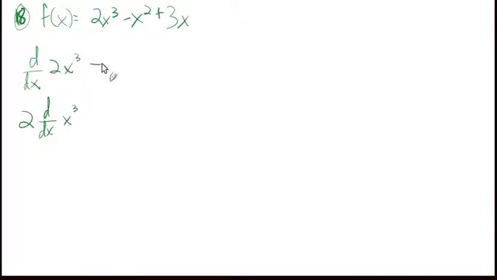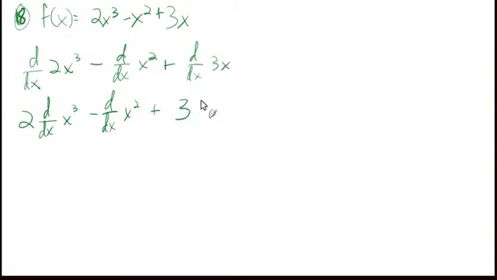Okay, so let's keep going. Well, I definitely know how to take the derivative of x cubed with the power rule, right? And then plus the derivative of 3x. I'm going to rewrite these. This stays the same. And the constant multiple rule tells me 3 can come out here and be multiplied by the derivative of x. 2 times the derivative of this guy.